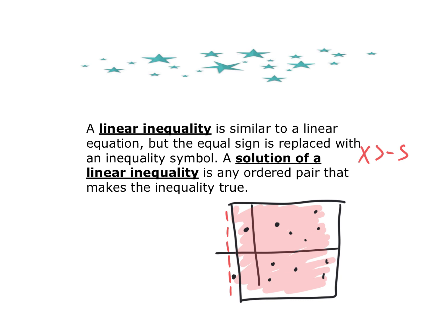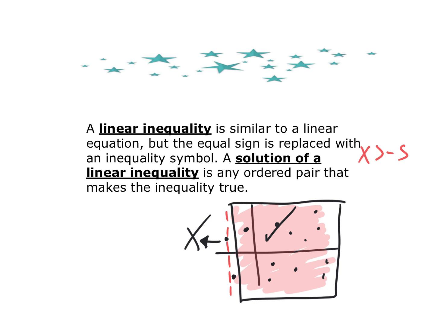Now, because it does not have the equal to at the bottom, the moment our x touches -5 or goes to the left, that is no longer a solution. Everything to the right of the line is a solution, because for any of those points, the x is going to be greater than -5.